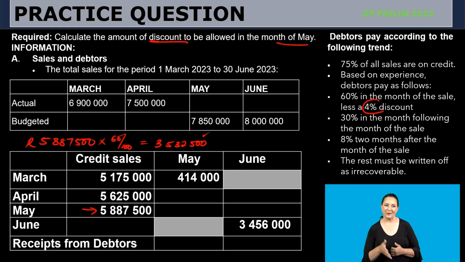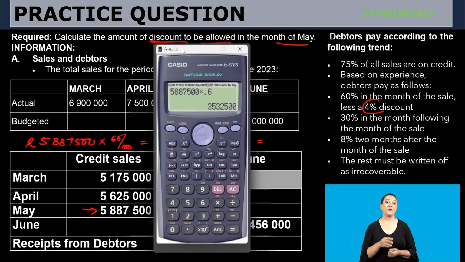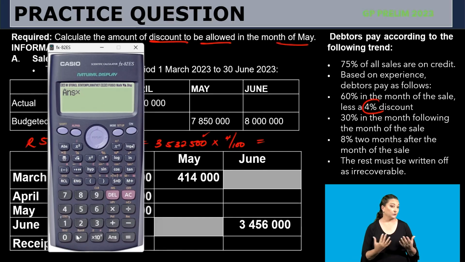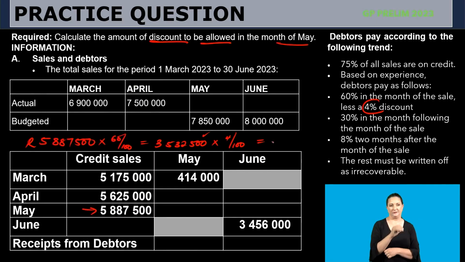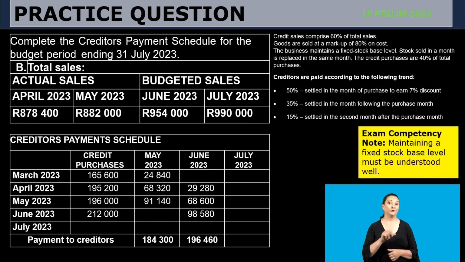So we are going to get 96%, and the discount that we are going to allow is 4%. So we just get 4% of that figure. That will give me 141,300. This is what we have allowed as discount. Okay, we're going to move on to the next question.